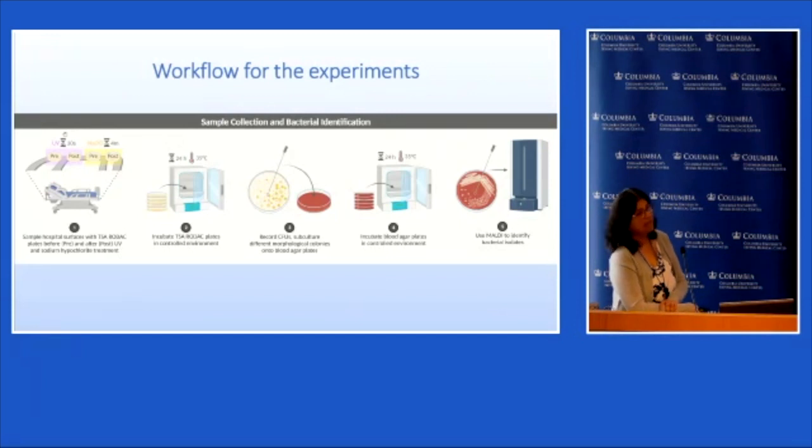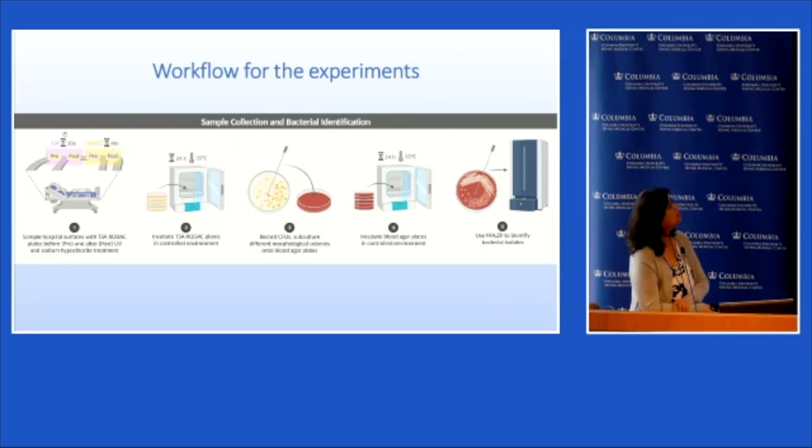The UV was used only for 30 seconds. For the sodium hypochlorite, we had a similar scheme with no treatment and treatment, and this was for 4 minutes, following the same protocol that they use in the hospital.